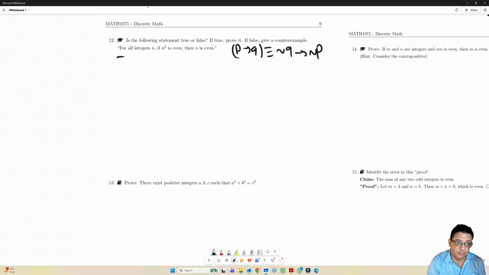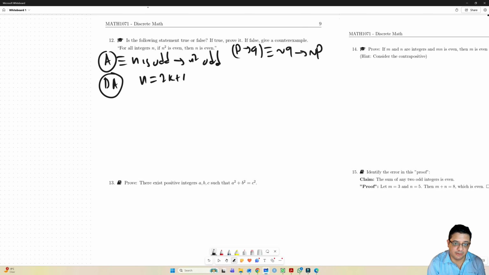So this is equivalent to proving that if n is odd, then n squared is odd. And we actually proved this in the previous video. Remember, n equals 2k plus 1, which is the definition of my assumption. The assumption here will be that n is odd. In the manipulation, I'm going to have n squared, which is going to be (2k plus 1) squared.